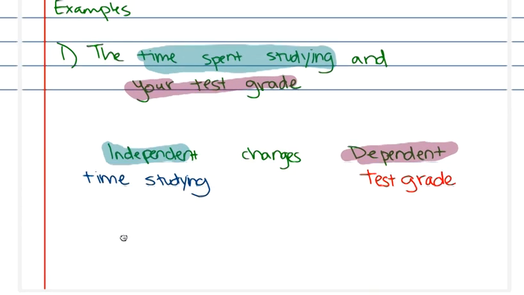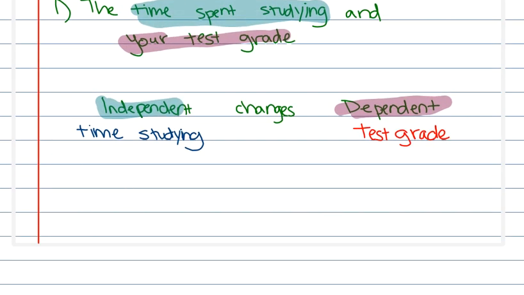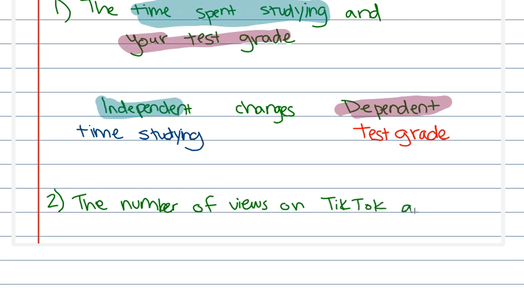And then we have one other example that we're going to do a little differently. Okay, number 2 is going to be the number of views on TikTok and the number of followers you have.